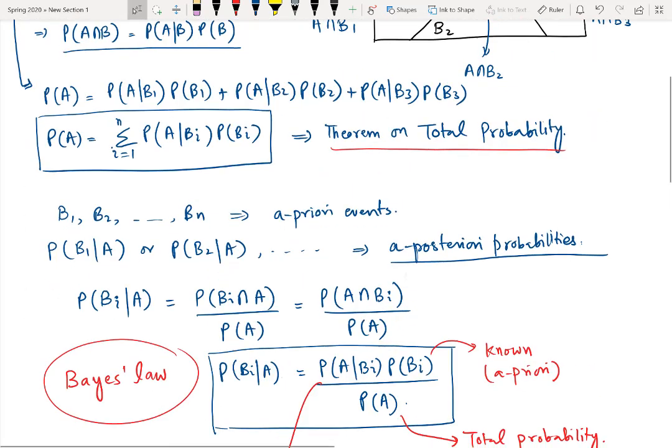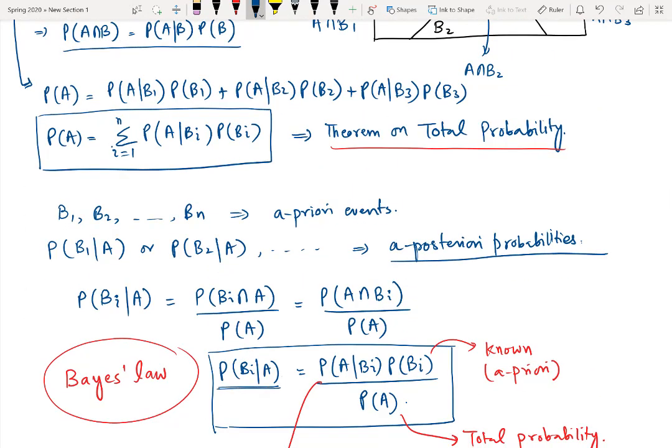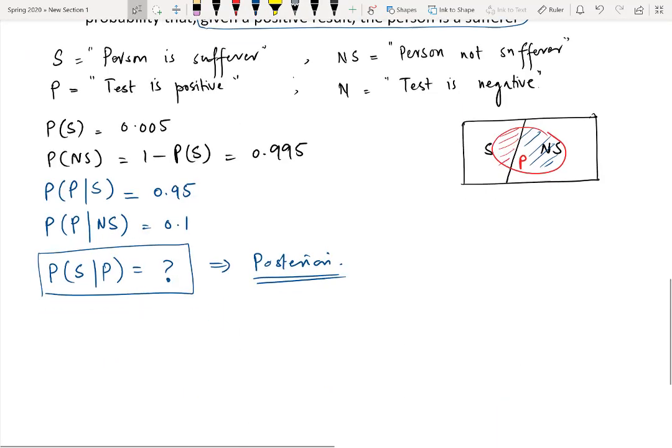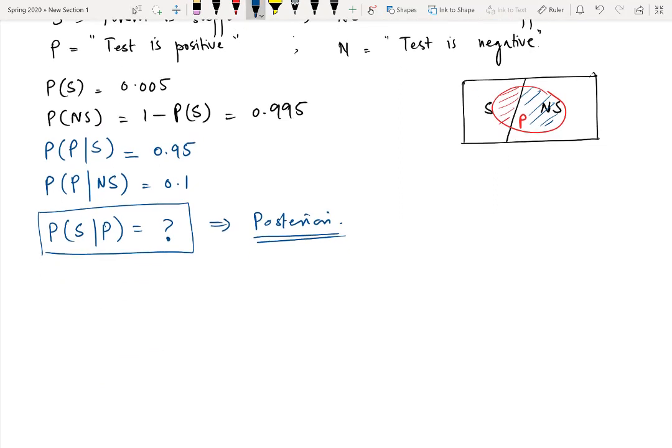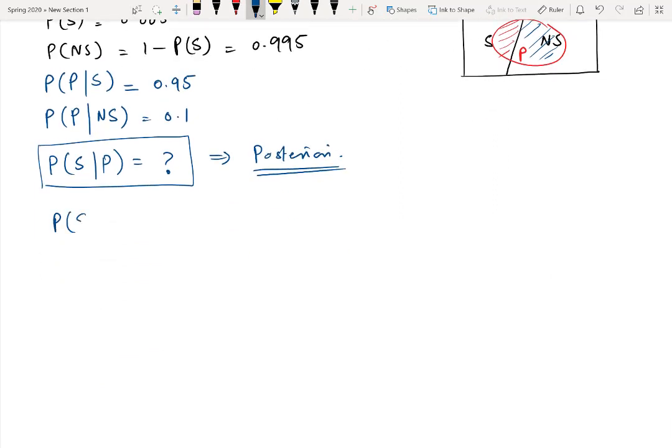So instead of computing this probability, we are going to compute the probability of S given P. Now you can directly apply Bayes' law and write the probability of S given P as the probability of P given S multiplied by the probability of S, divided by the probability of P, right? This denominator will be obtained by the theorem on total probability.